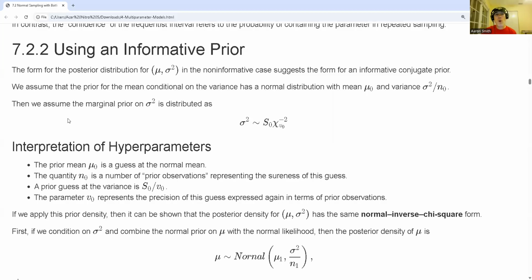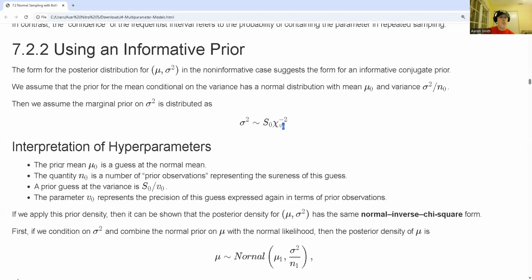Then we assume the marginal prior on sigma squared is distributed as S naught times an inverse chi squared. Okay, so we've got a whole bunch of hyperparameters floating around. We've got mu naught, n naught, S naught, nu naught, all of which come into bearing on this.